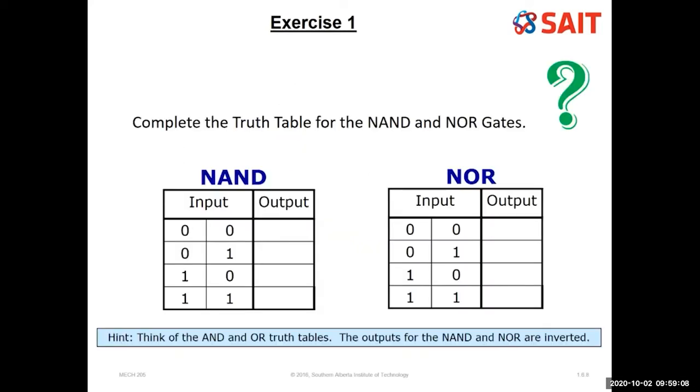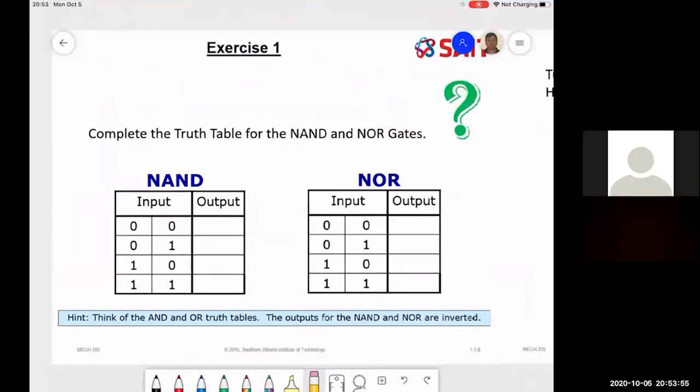So it's exercise 1. We're going to start by completing the truth tables for the NAND and NOR gates. What I'm going to first do is this NAND gate, but I'm actually going to draw an extra column here. I'm going to just create an AND.